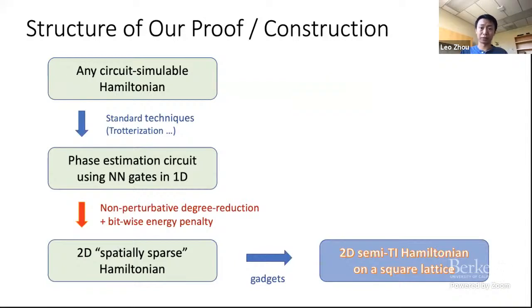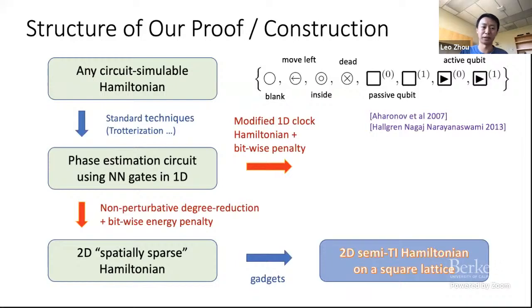And for the 1D construction, it's very similar. We can take the phase estimation circuit in 1D, and then modify the 1D clock Hamiltonian construction that was used to prove QMA completeness of 1D Hamiltonians in papers like the 2007 paper by Dorit and others, as well as a more refined construction later by Hallgren, Nagaj, and Narayanaswamy.